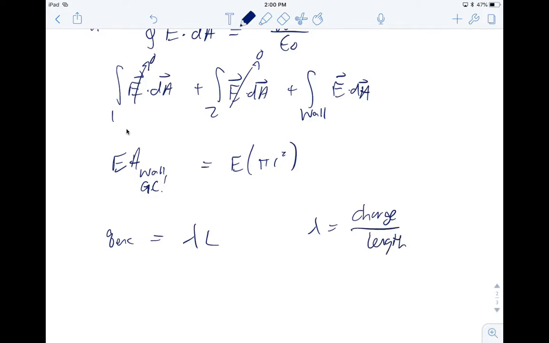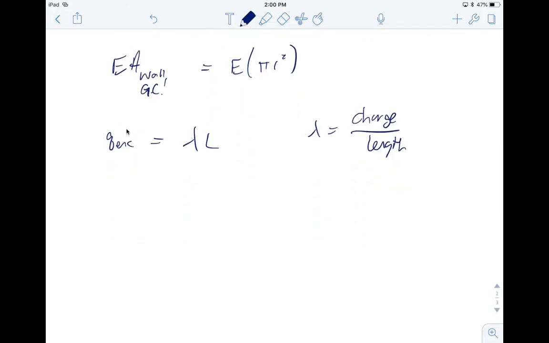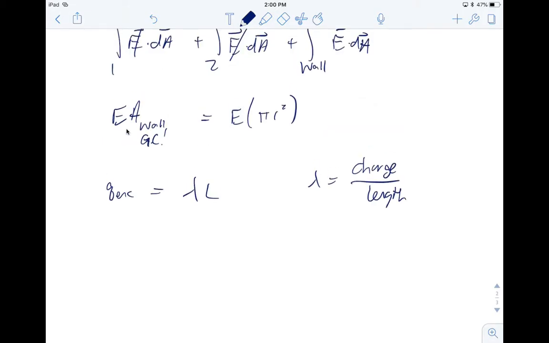I messed up on the area of the wall of the cylinder. It's not pi r squared. That would be the sides. Let me start that over, sorry. It would be L times the circumference, so L times 2 pi little r. Sorry about the confusion.